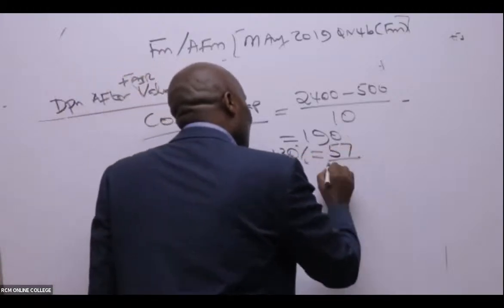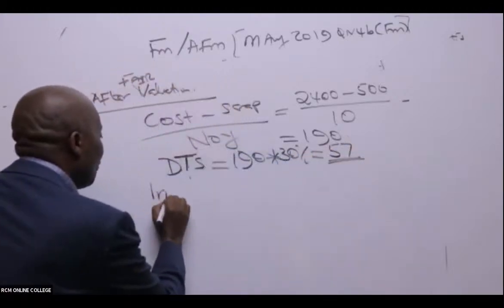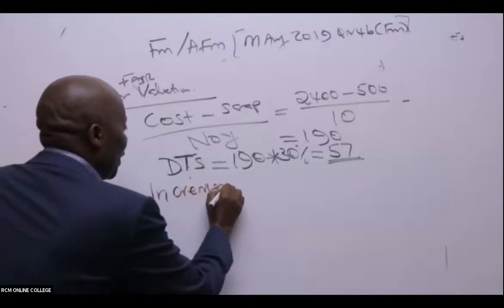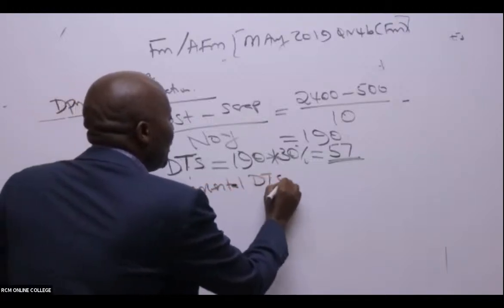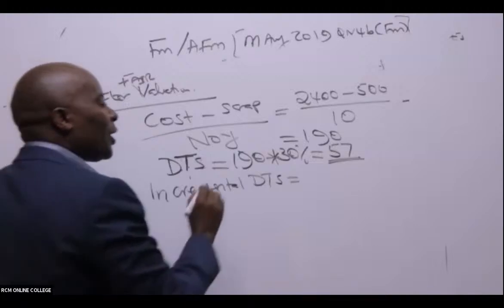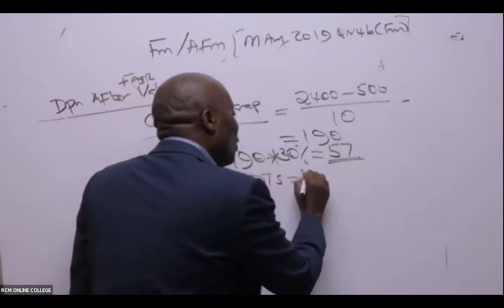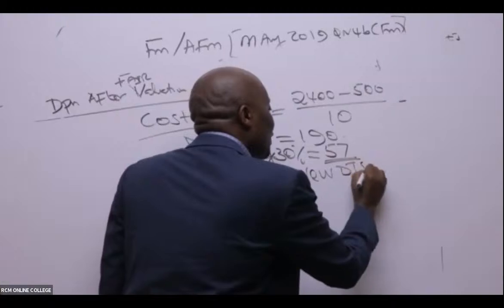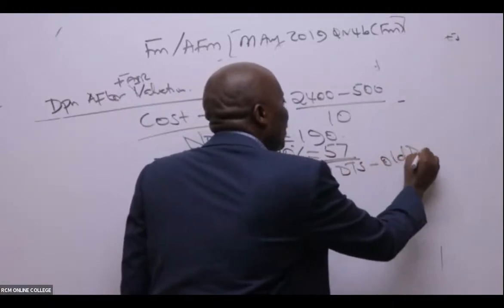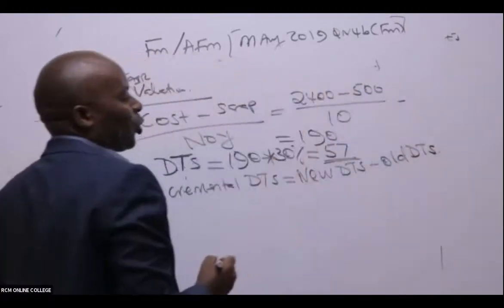This is very interesting because I'll now come and give them the incremental DTS because of the new machine. So incremental depreciation tax shield will be the new depreciation tax shield minus the old machine's depreciation tax shield.